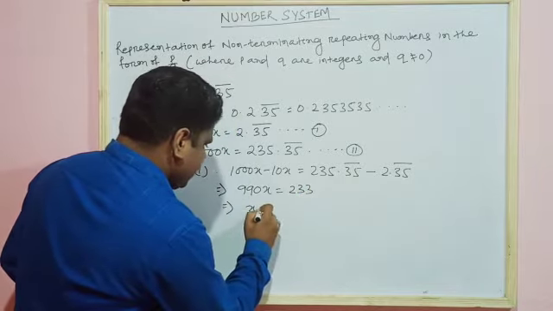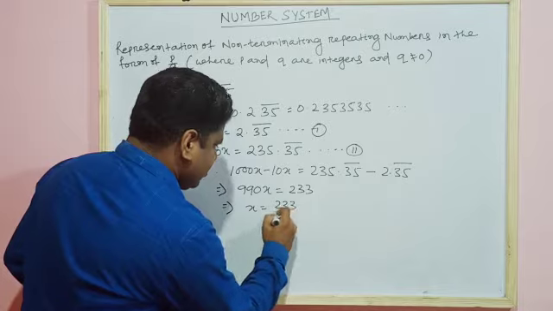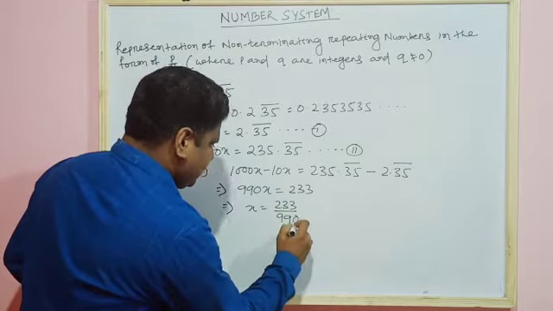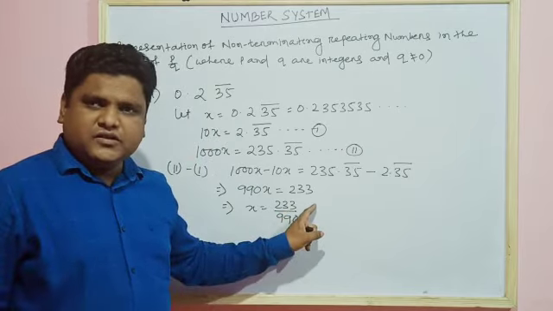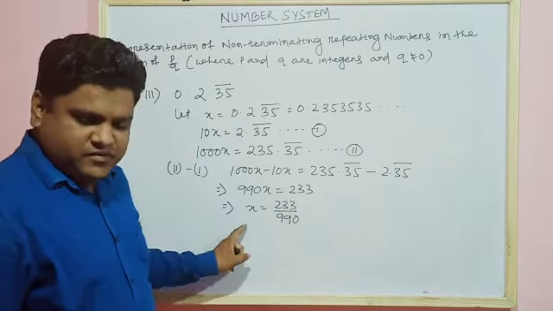This implies that x equal to 233 by 990. So it is in the form of p by q, and q is not equal to 0.